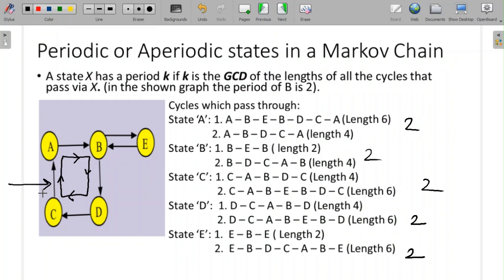Similarly, state B has two cycles of length 2 and 4 each. Their greatest common divisor is 2. State C has two cycles with lengths 4 and 6. So its GCD is 2. Therefore, C is periodic with period 2. The same is applicable to states D and E. So this is how we can classify a state of a Markov chain to be periodic.